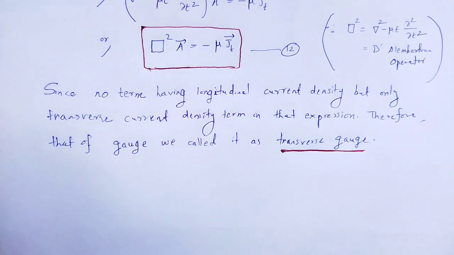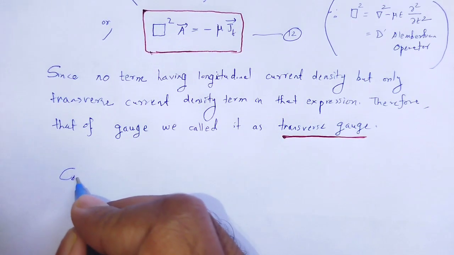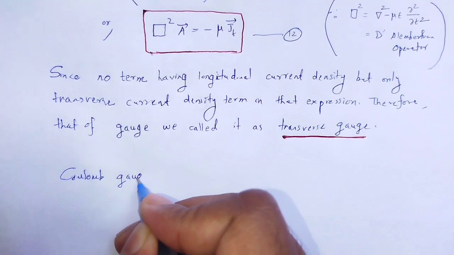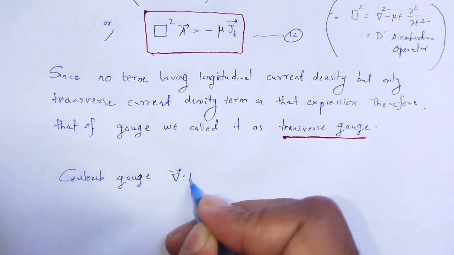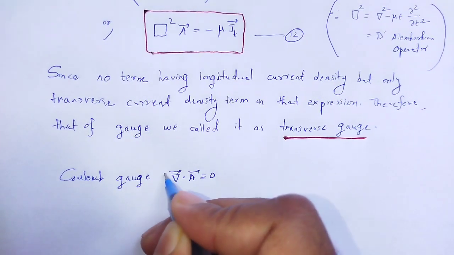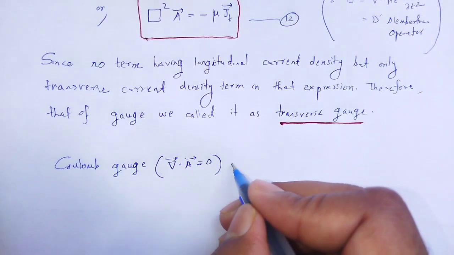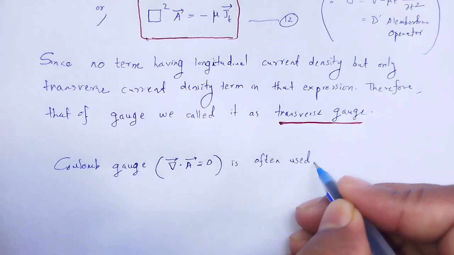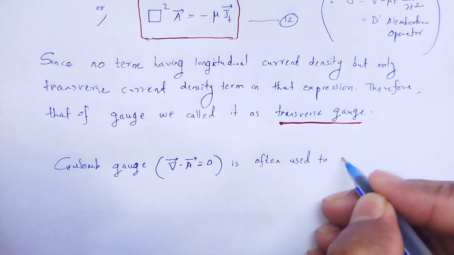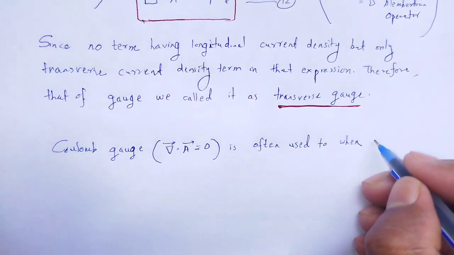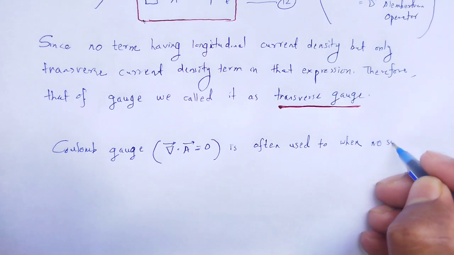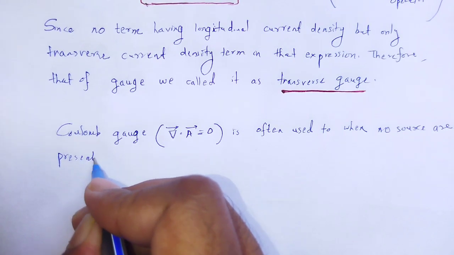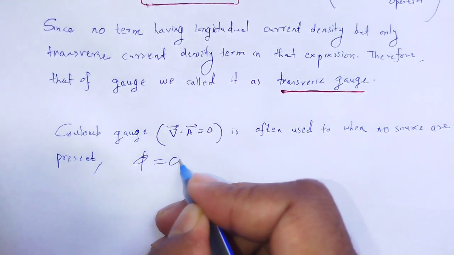Looking at that scenario, the Coulomb gauge condition, grad dot A is equal to 0, is often used when no sources are present, which means phi is equal to 0.